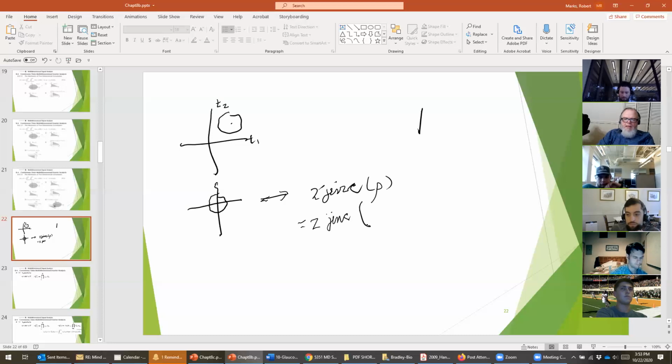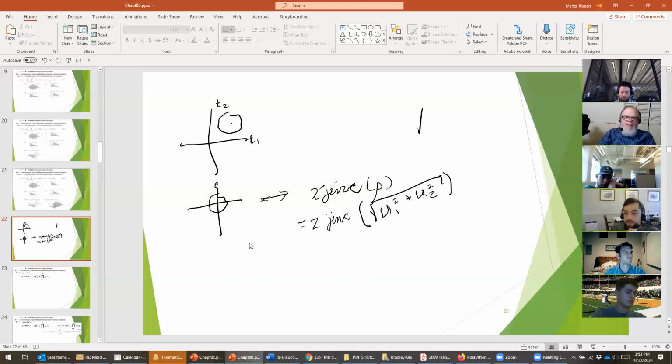We can always go back into the rectangular form of this. Shouldn't that be S1 squared plus S2 squared? Yes, it should be. Thank you. So this is exactly the same. That's what we mean when we write down the jinc of rho.